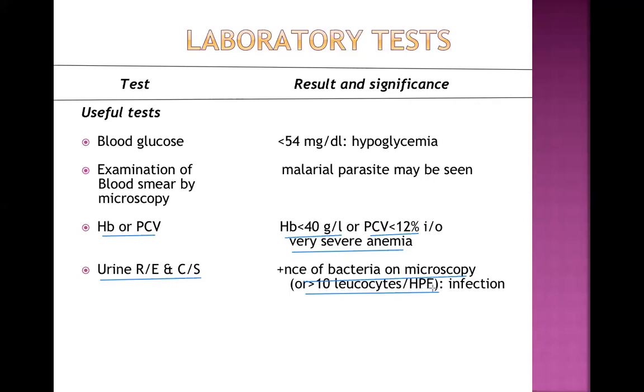HPF is high power field. That's how they count how many leukocytes are there in the urine. And presence of bacteria on microscopy, and with culture and sensitivity, if there is growth, this is indicative of urinary tract infection, which is very common in a severely malnourished child.